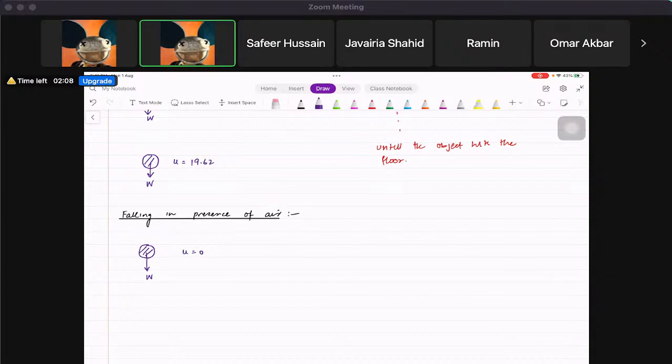We're going to make the same table: speed in meters per second, time in seconds, acceleration, and g. The speed was 0 when time was 0, because the motion has not started. Acceleration is the same as g.